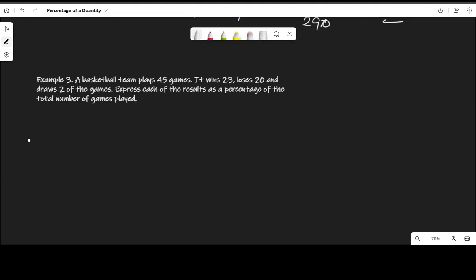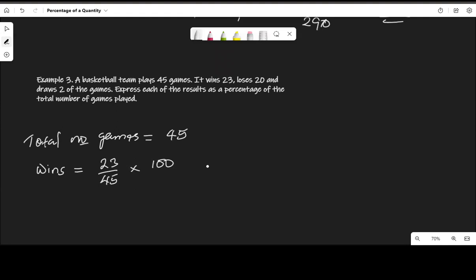From the question, the total number of games played is equal to 45. Out of this 45, it wins 23. So we have to express the winning as a percentage of the total. So the wins is 23 over 45 as a percentage.